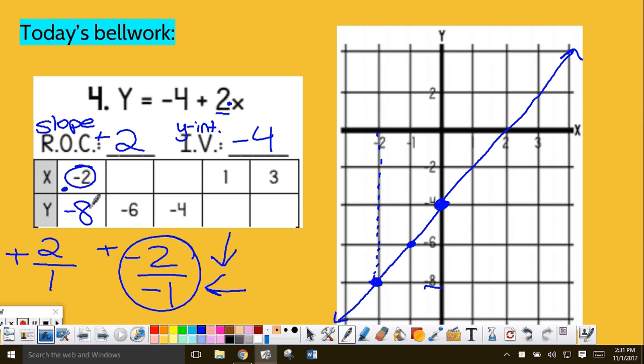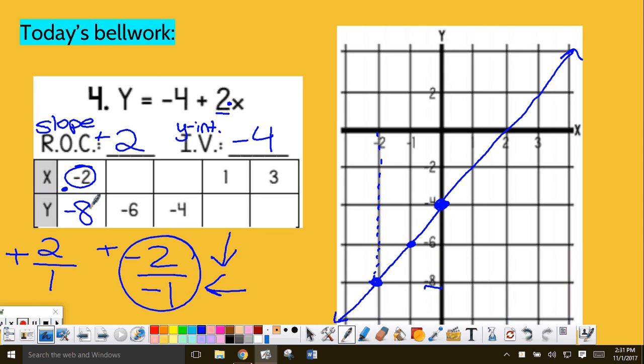Did my outfit change from person to person? No. Did their description change? Yes. So it was the same information, just a different description, right? Same information from equation to table, different representation, different description, right?